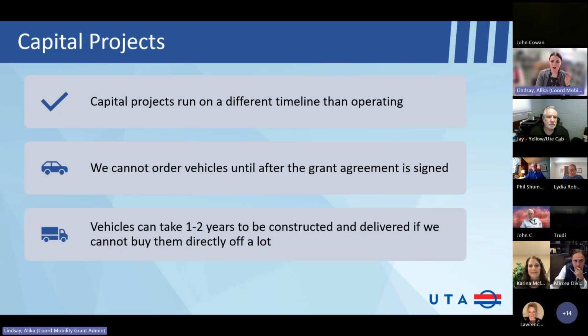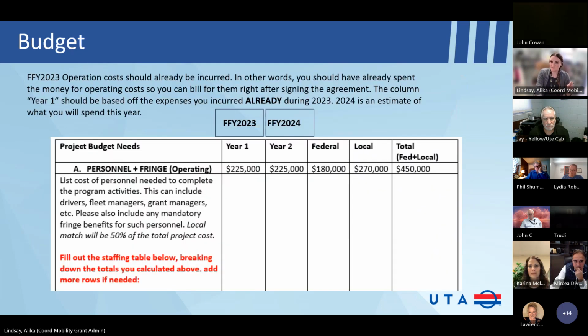So again, if a grant period of performance is extended because of vehicle delivery times, it does not change the period of performance on operating assistance. And then looking at the budget one more time. I know I showed you this in the application training, but I still see some confusion because I think what people are doing is estimating what their project's going to cost in 2025.